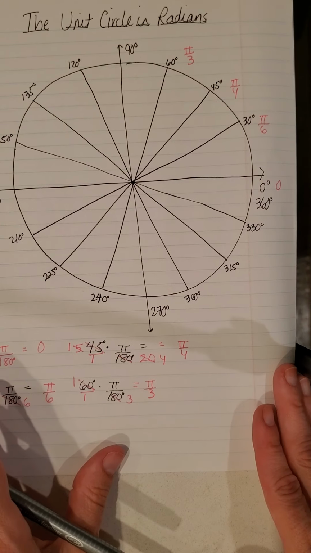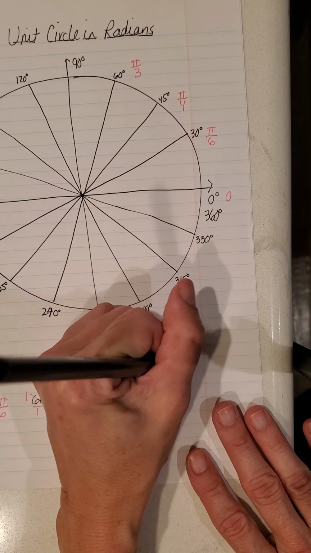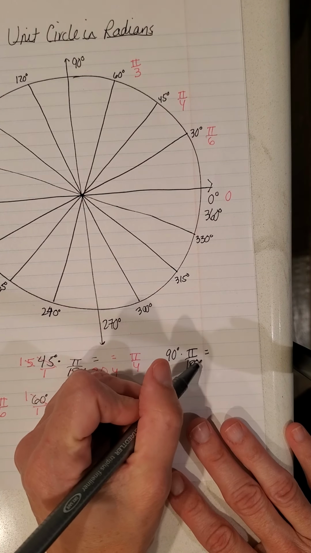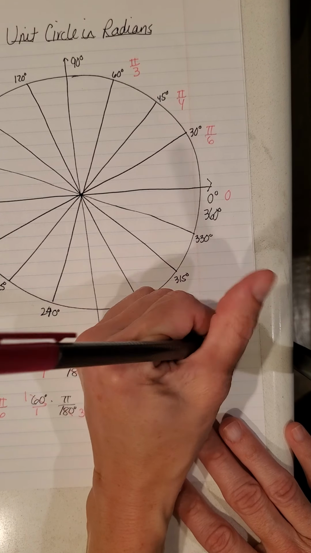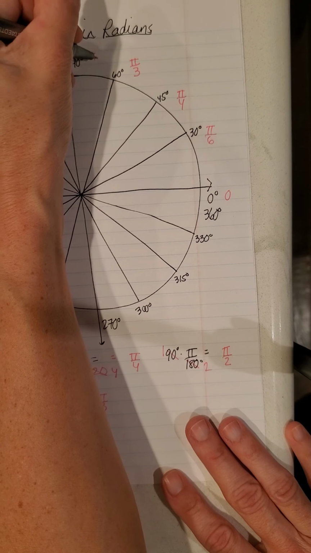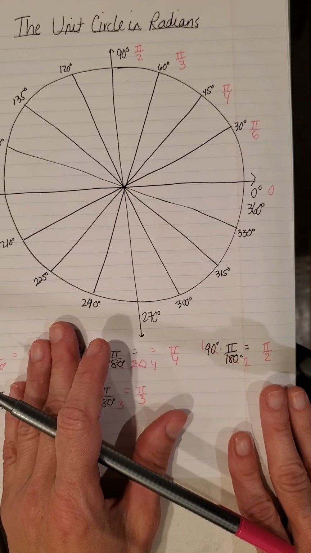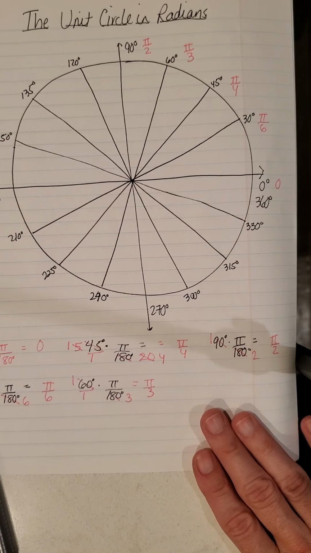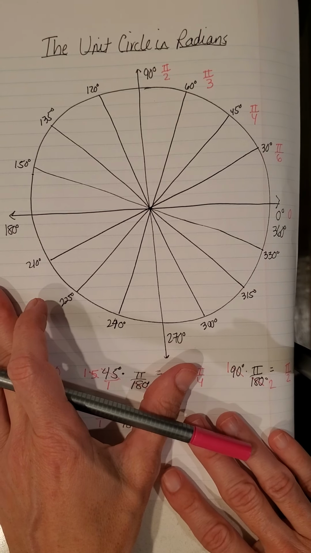Here's 90. 90 goes into itself once. It goes into 180 twice, so I get pi over 2, and I write that next to 90. Now, a shortcut to do some of the rest of these, and it works for some but not for others, depends on how well you know your multiples.